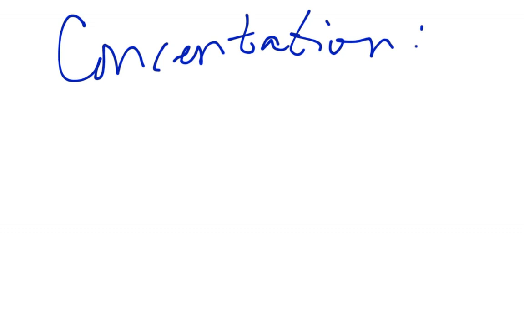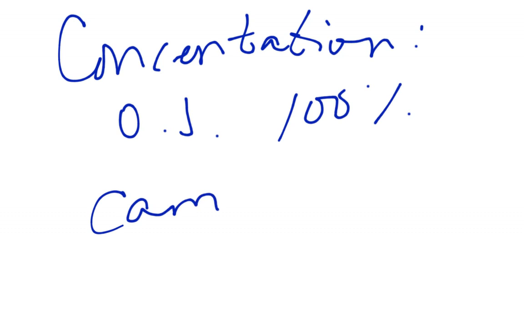It is a concentration, and you've heard this term quite a few times in your life. We're going to think about it a little bit here. The first time that you might have heard it is with OJ, right? You have 100% concentrate. You've heard of concentration camps.